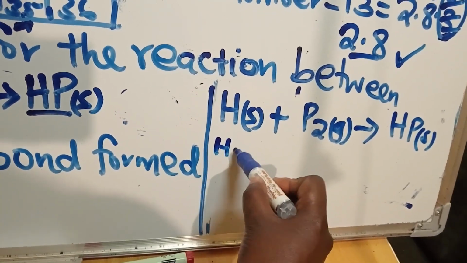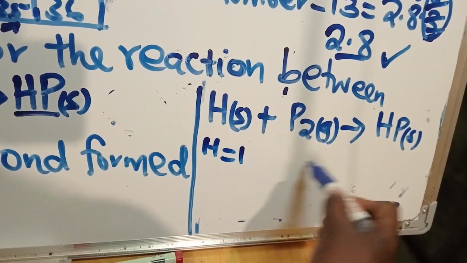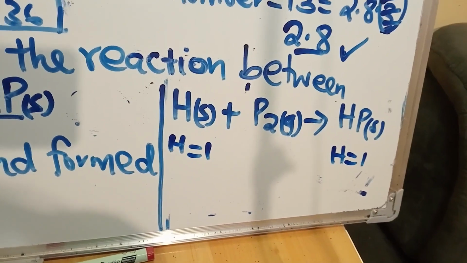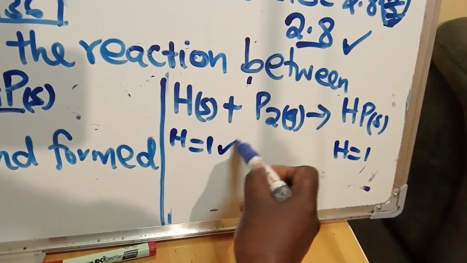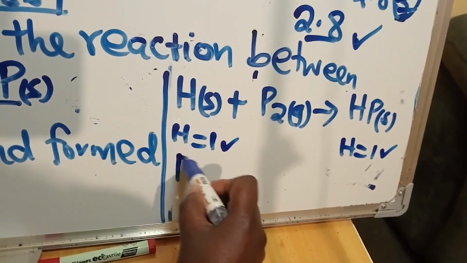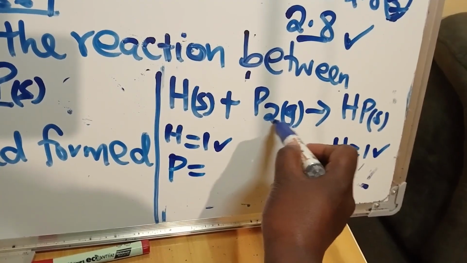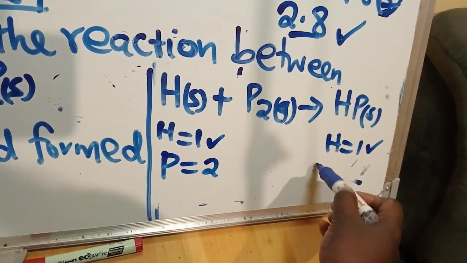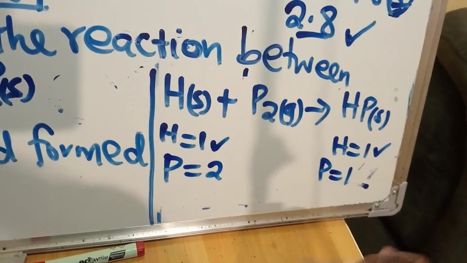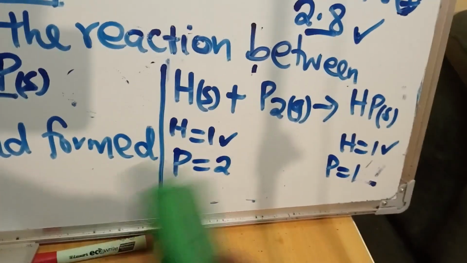When you look at H, it is 1 on this side, and on the other side it is also 1. So H is already balanced. Then we go down to P. There are 2, and on the product side P is 1. So we need to make P become 2.